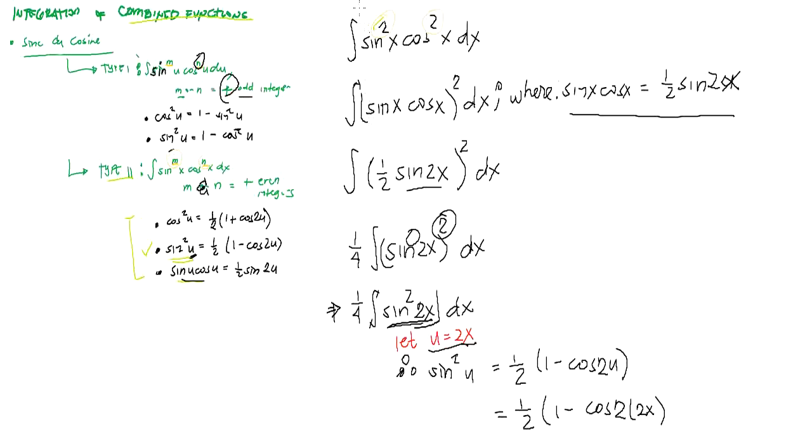Simplifying further, sine x cosine x squared is just equal to 1/2 sine 2x, so we come up with the form 1/2 sine 2x squared dx.